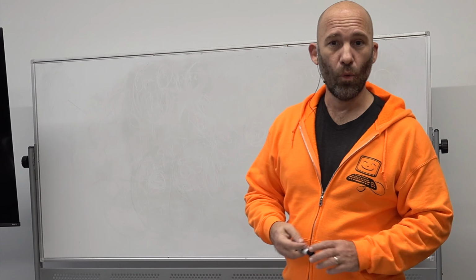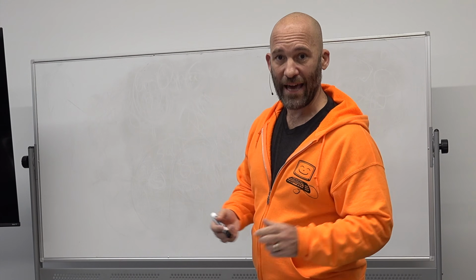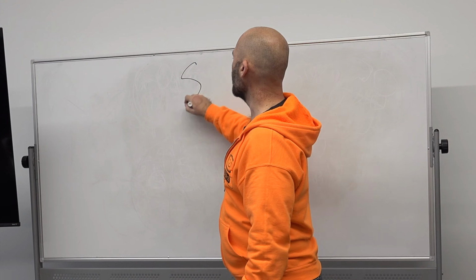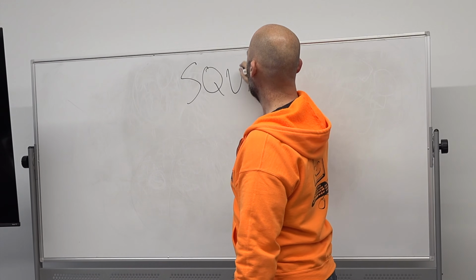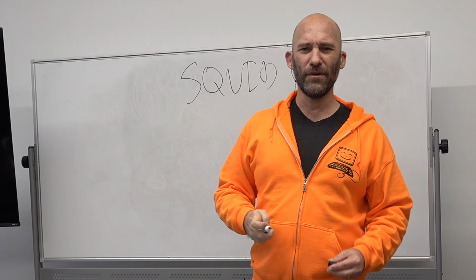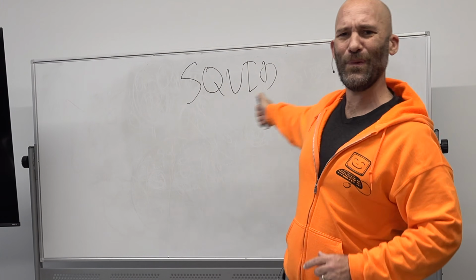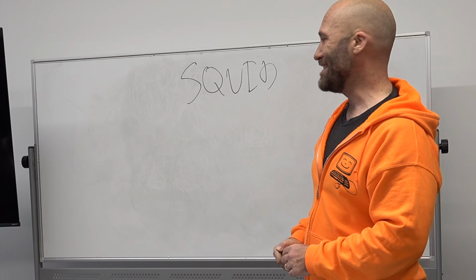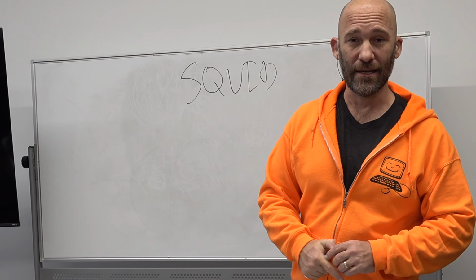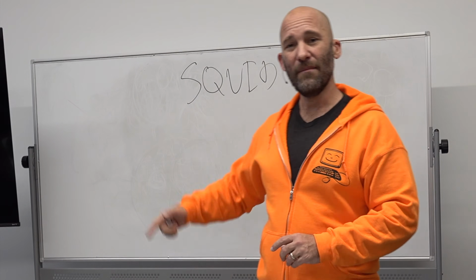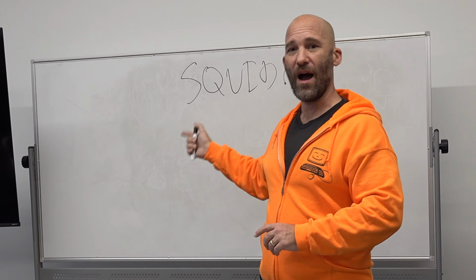The next real world use case of caching servers is something called Squid. I don't know if the cool kids still use Squid. Squid was awesome back about a decade ago. I do still know it exists. I actually haven't played with it in a while, but there's something called Squid Proxy Server.